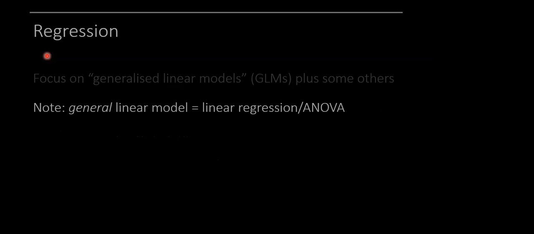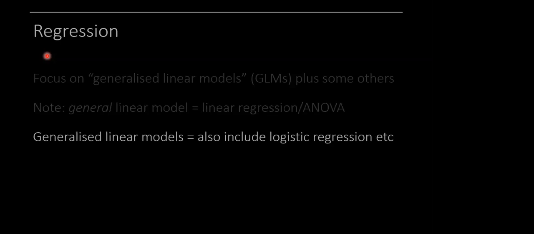A general linear model is the more specific descriptive term for a linear regression or an ANOVA type analysis, whereas a generalized linear model extends the general linear model beyond the linear regression approach where we assume normal errors, and we'll come back to that in a moment.